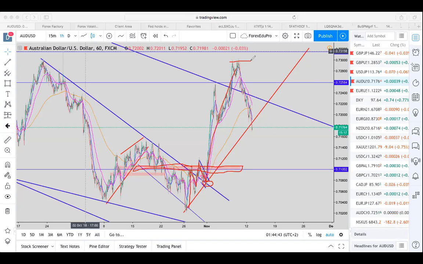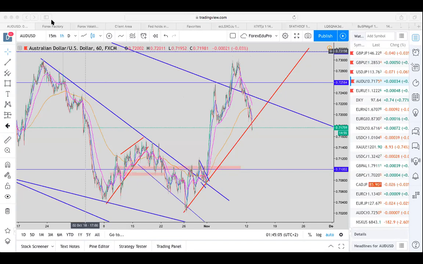This position here was called as well. It was called on the false break, back down. This was FOMC. We closed this today. 100 plus pips. So simple.